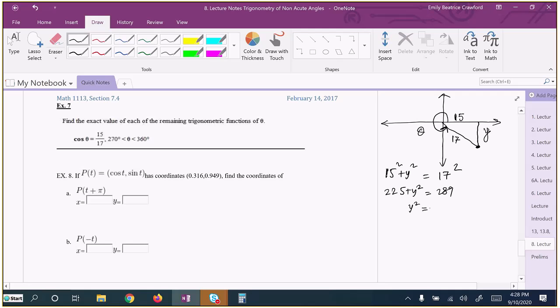I subtract 225 from both sides. So I get 289 minus 225, which is 64. So if I take the square root on both sides, the absolute value of y is equal to 8. So y is either equal to positive 8 or it is equal to negative 8.